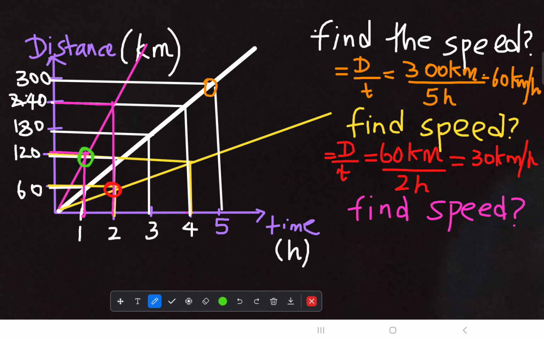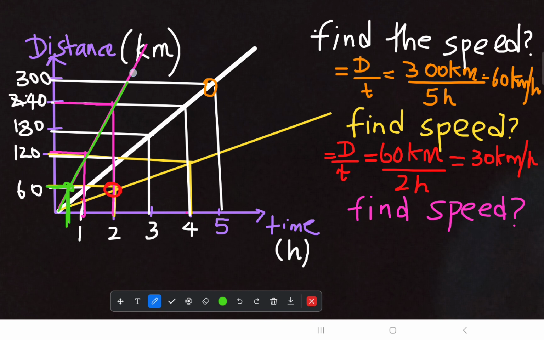Similarly, to find the speed of this pink color one, there are 2 points this is going through. Here we can select this point. Wait, this point: the distance it traveled is 60 kilometers, but we don't know the exact time it took.